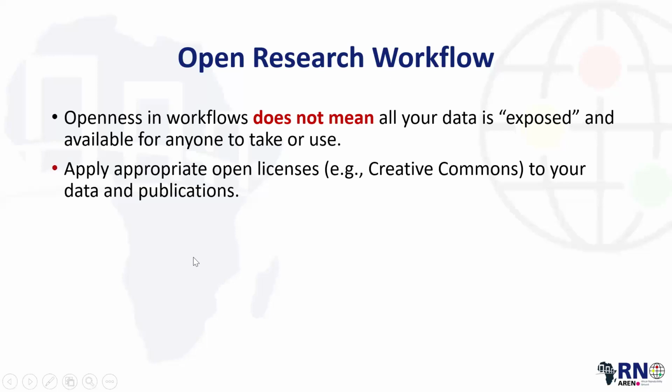Then the next one is that you should make sure you apply appropriate open licenses. We learned about licensing when we were talking about open repositories and open access, where we talked about how licenses tell people how your work can be used or reused.